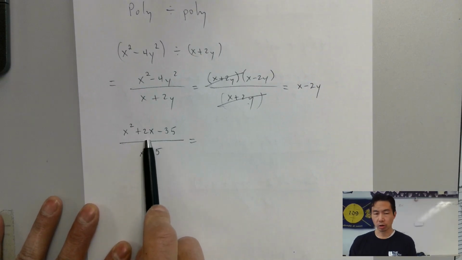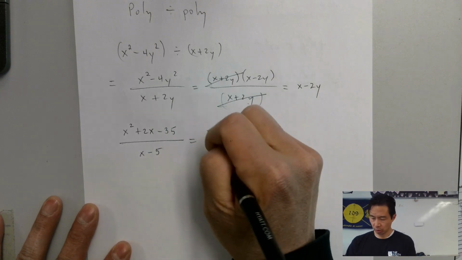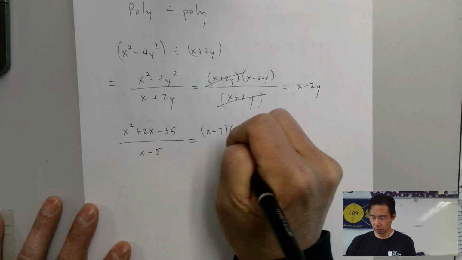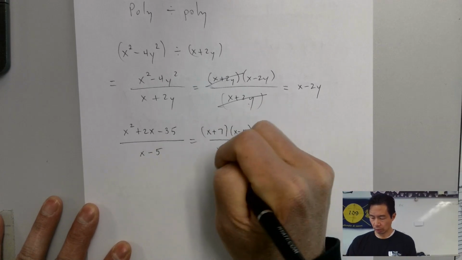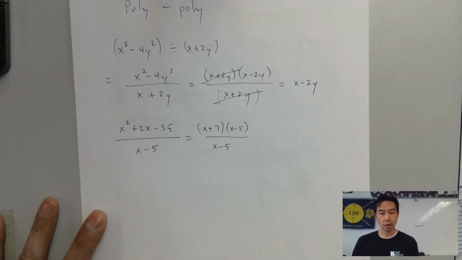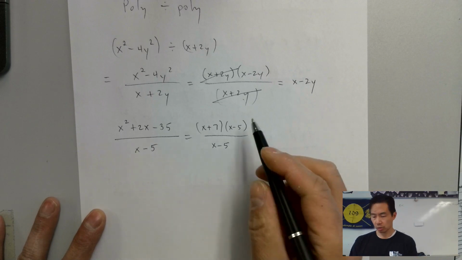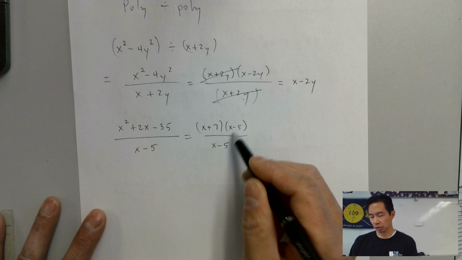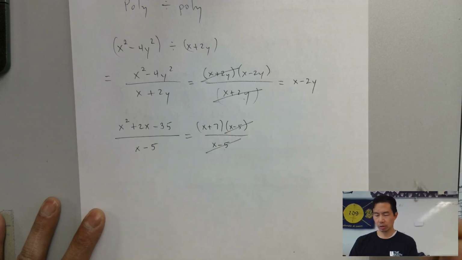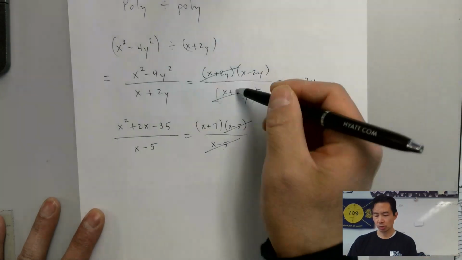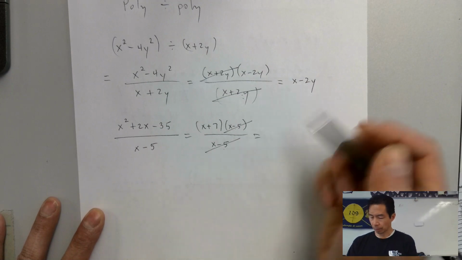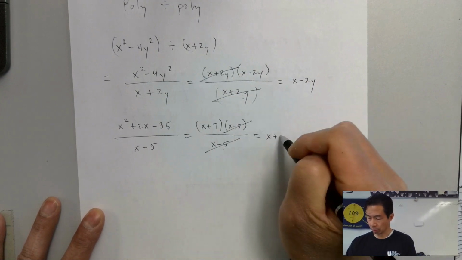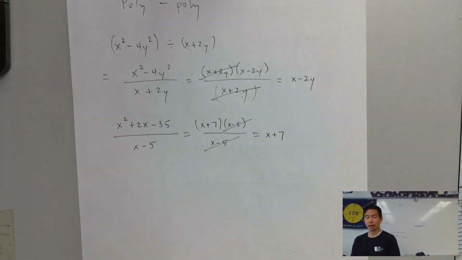The winners are 7 and negative 5. So this is the factorization. I have a common factor, a big GCF of x minus 5, leaving me with x plus 7.